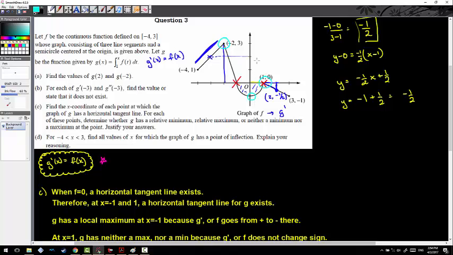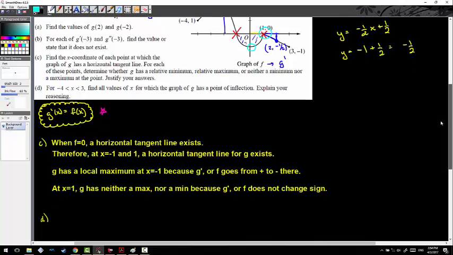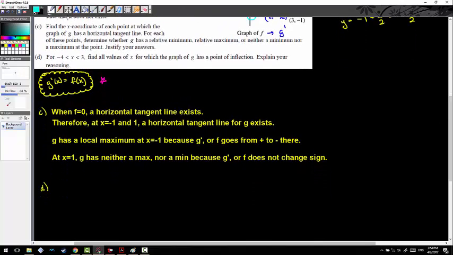And I know there's a lot of stuff going on in this graph, but try to pay attention to the sky blue. All right? The slope of f is changing direction at -2, 0, and at 1, and that's why we have points of inflection there. So let's go and answer that.